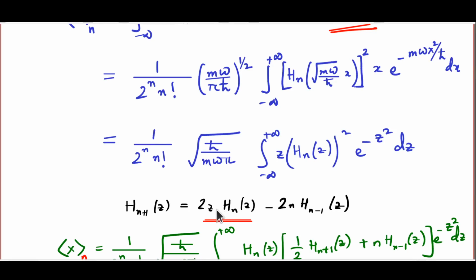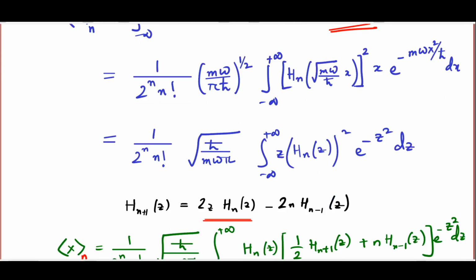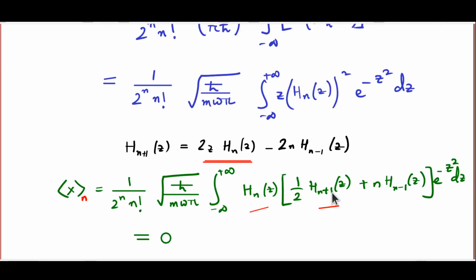And this tells us that you can write down z times Hn z in terms of Hn plus 1 and Hn minus 1. And we do precisely that. We keep one of the Hn factors outside and replace the other factor z Hn by this thing in the bracket here, half Hn plus 1 plus n Hn minus 1 z.